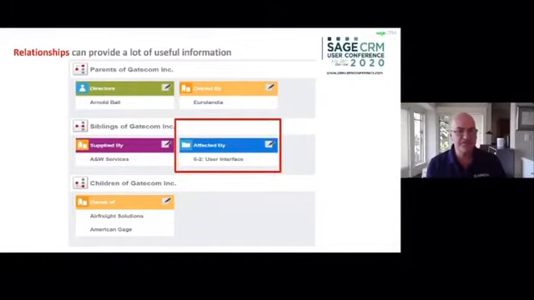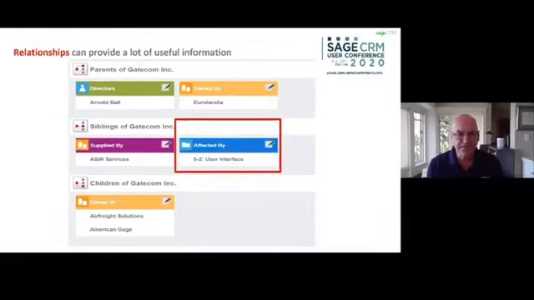And this is interesting because it now starts to expand and give me more information. It tells me that Gatecom is owned by Eurolandia. It's another company in the database. One of the directors is a person called Arnold Ball, and I have two companies that are owned by Gatecom, the children.